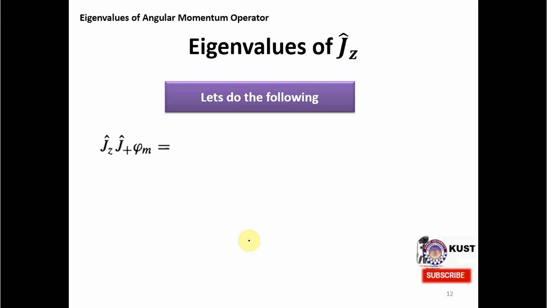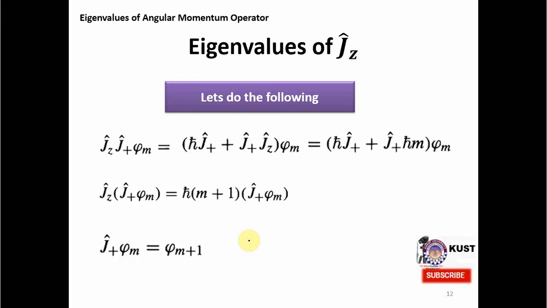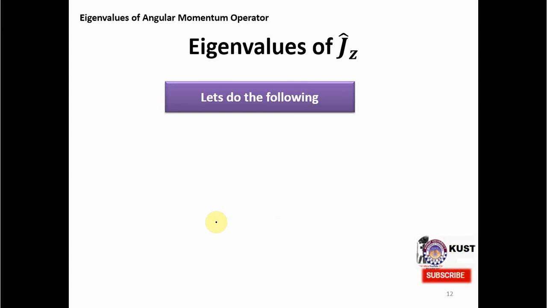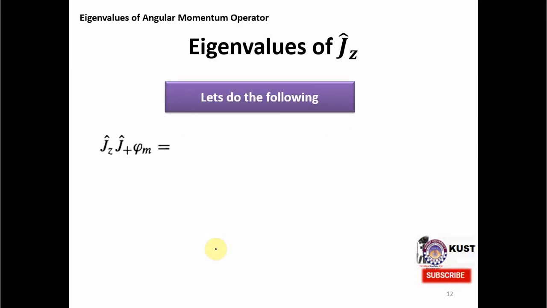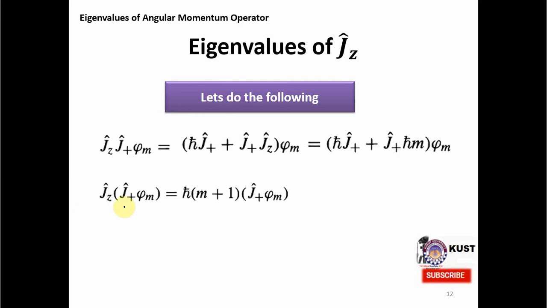So next, you can check for yourself that here we have this commutator, and this is the ladder operator over here. So these relations are equal to jz acting on j plus phi m.